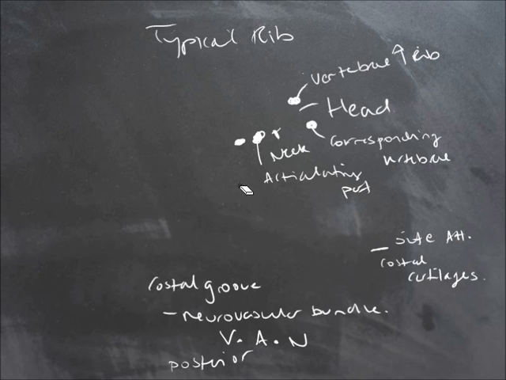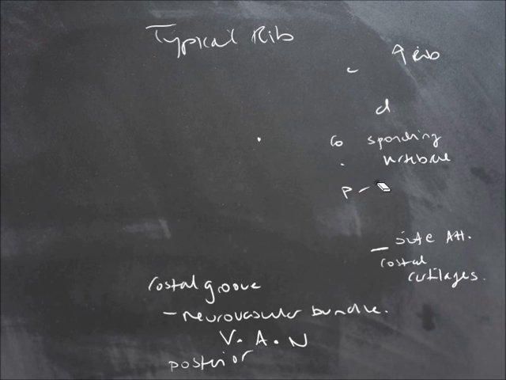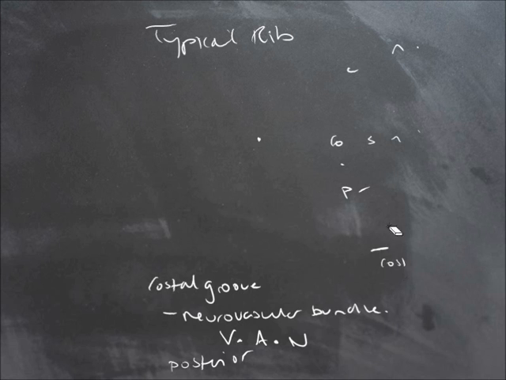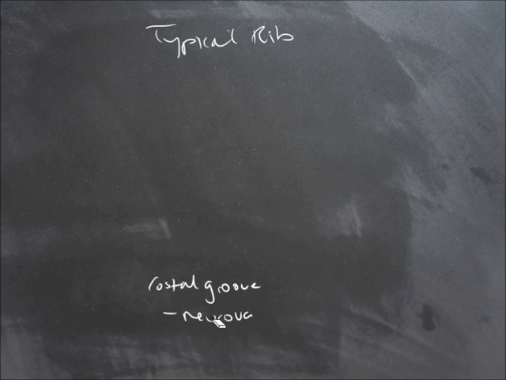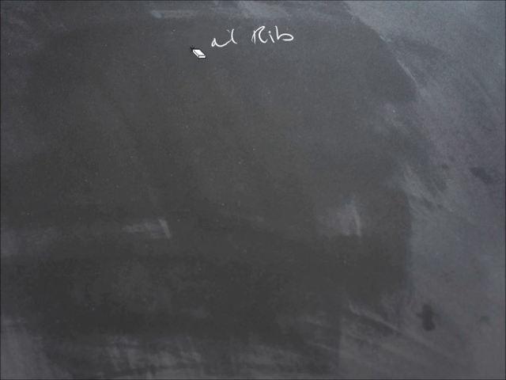We'll move on to ribs 1 and 2, which are atypical, meaning they have a different morphology. Okay, let's start off with rib 1 and its special features.